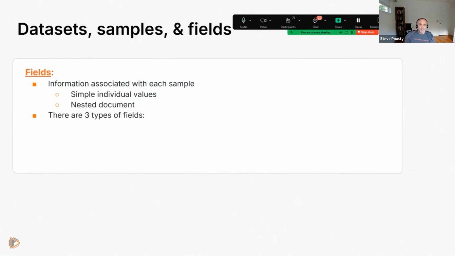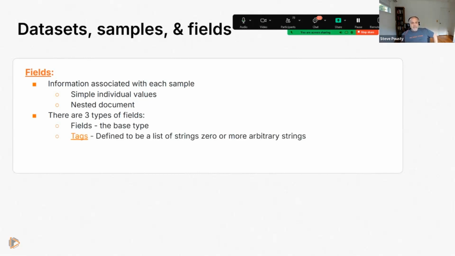There are three types of fields. These are all fields, just some fields are more special than others. They're all special, just some are more special than others. So fields, that's the base type. Those can be anything. You can put anything in them. The system doesn't know anything special about them. Tags we define as a field that is a list of strings, zero or more arbitrary strings. There's no vocabulary control over it.